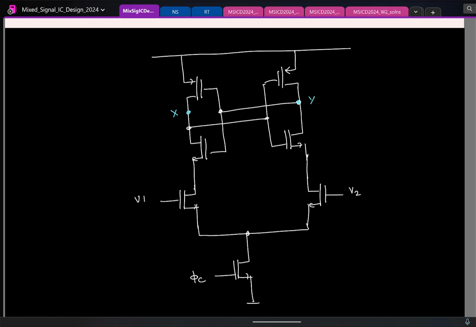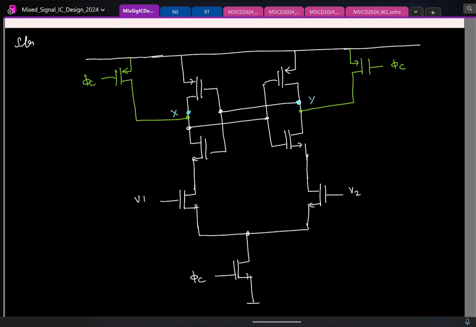I should reset to VDD. So I'll have the same set of switches as before. If I draw the full circuit, clock phi. So this is called the StrongARM latch.